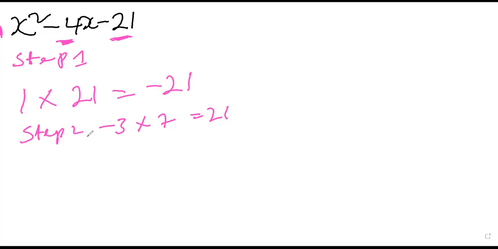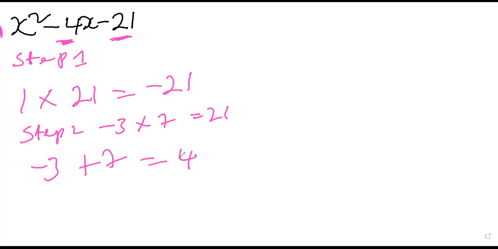Now we add them: minus 3 plus 7 is equal to 4. That does not satisfy what we need. It doesn't work, because we're supposed to be having negative 4.